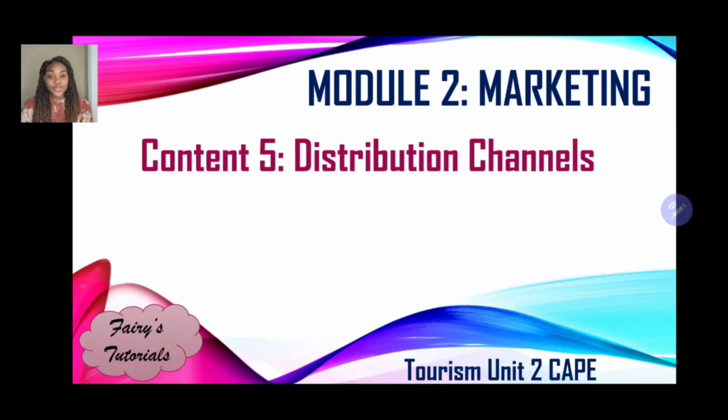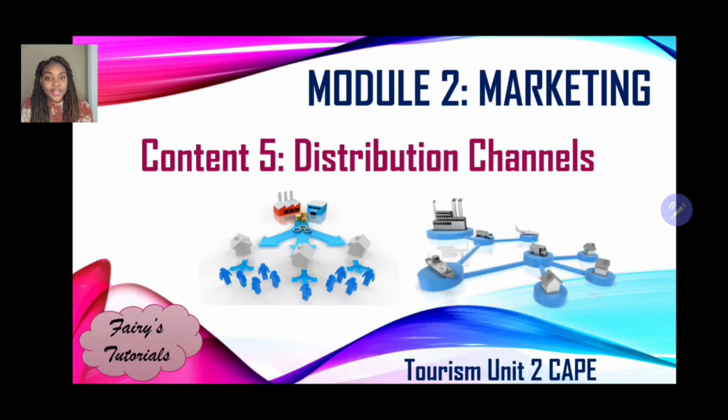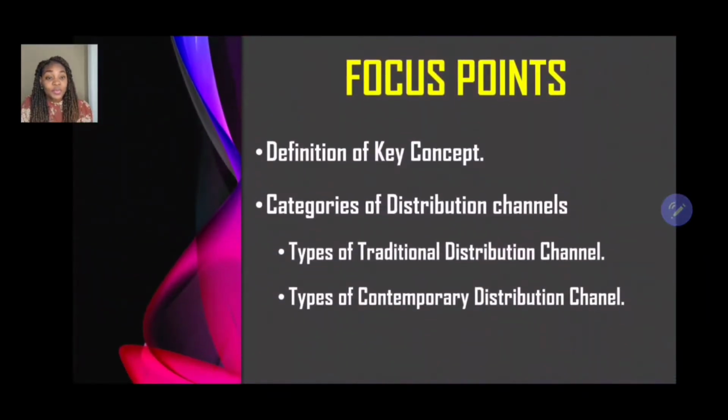Tourism Unit 2, and we're looking at Module 2, which is entitled Marketing. In today's episode, we're looking at Content 5, which has to do with distribution channels. Now, let's take a look at our focus points. We'll be looking at a definition of the key concept.